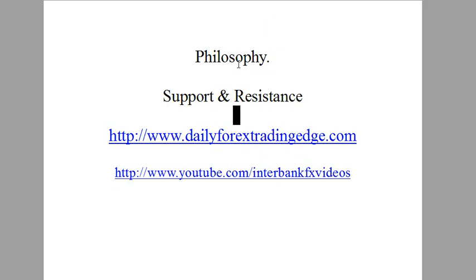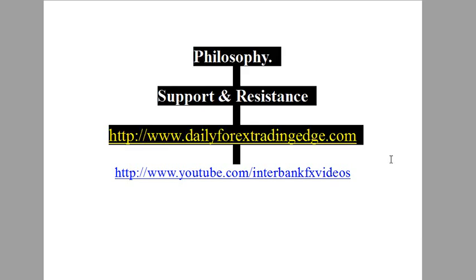But when it comes to this idea that I have about support and resistance, it doesn't begin and end simply with those lines and levels. I'll be frank. I think indicators are another way of looking at support and resistance.